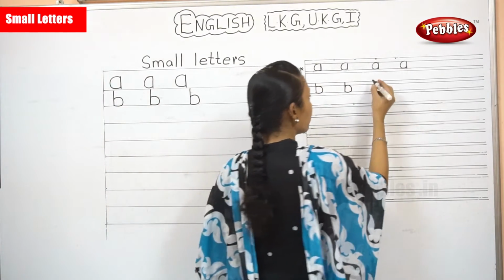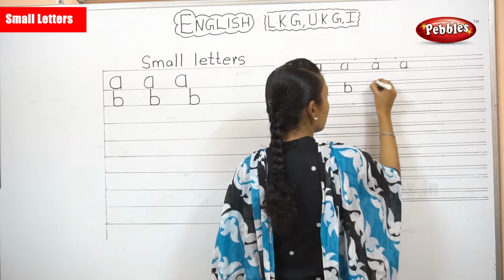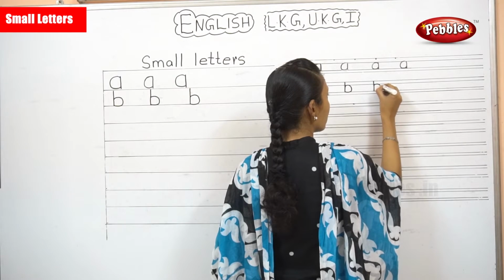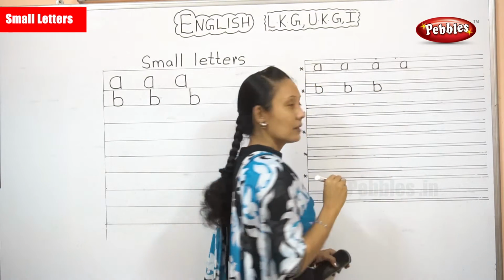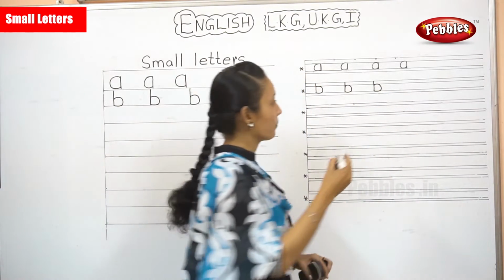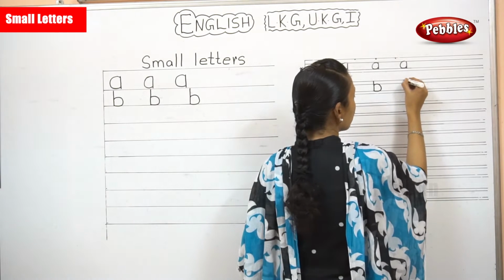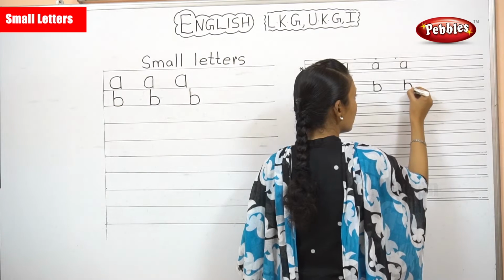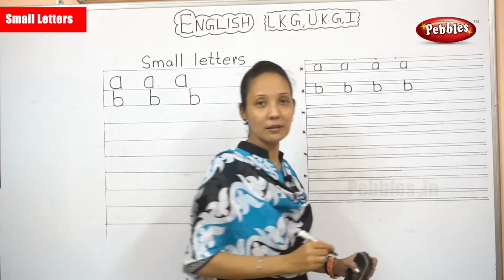Yes, B. Again, down your standing line and your curve is small letter B.